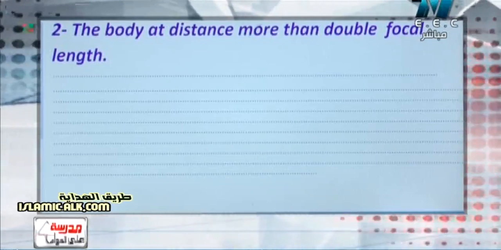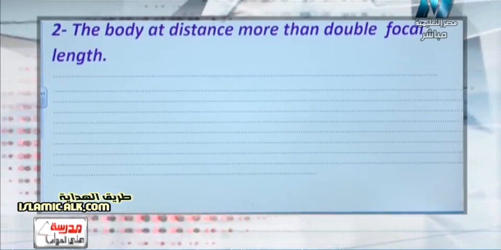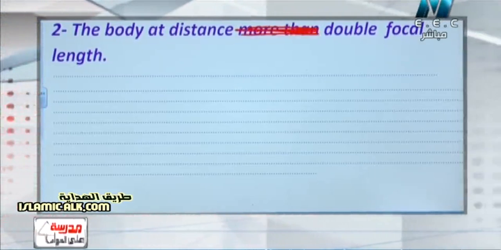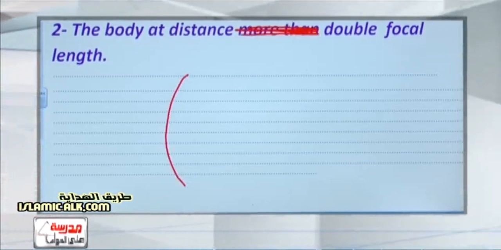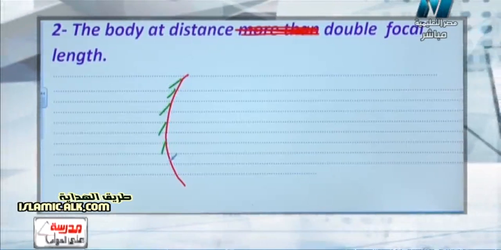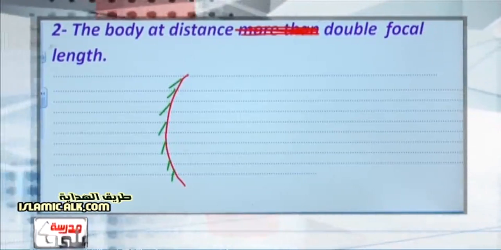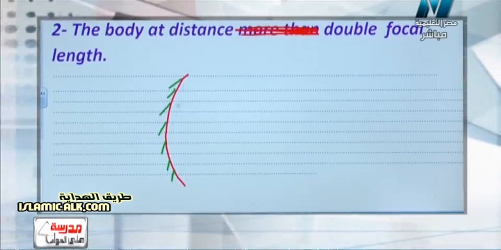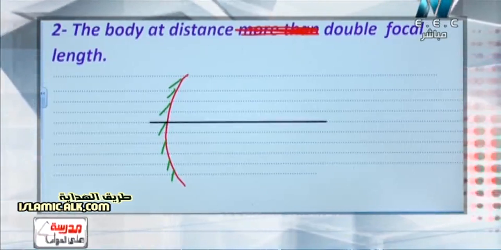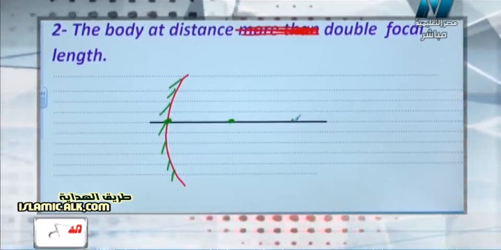No, we will not make it more than double focal length, we will make it at double focal length, exactly. We will remove this one. By using the arc protractor, to keep it short, and we will draw two equal distances by using the ruler, from C to P as we have here: 1, 2, 3, equal.